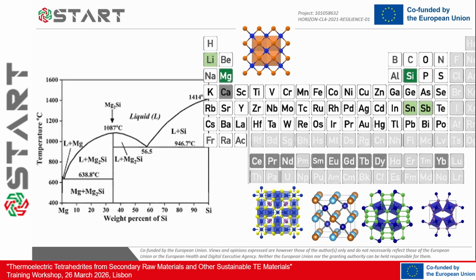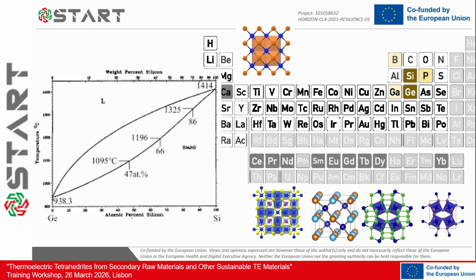Other cases can be more tricky, such as silicon germanium. In this case, the phase diagram is also quite simple, but you really need to get across the liquidus temperature quite quickly in order to get the percentages of elements that you really want.